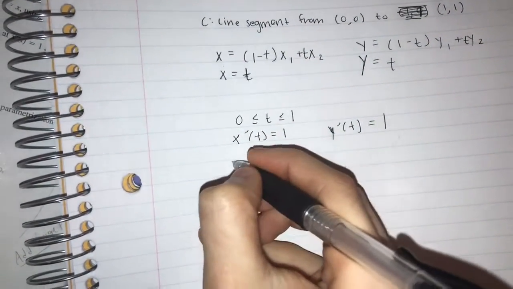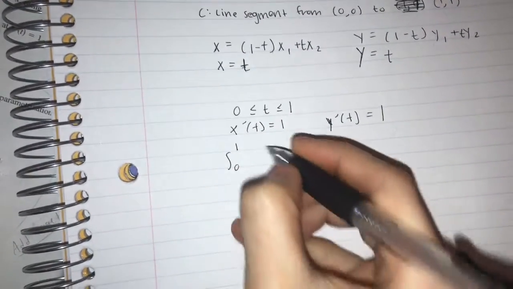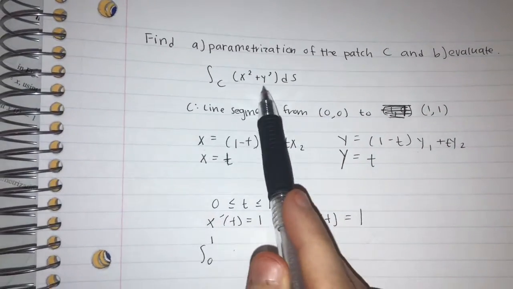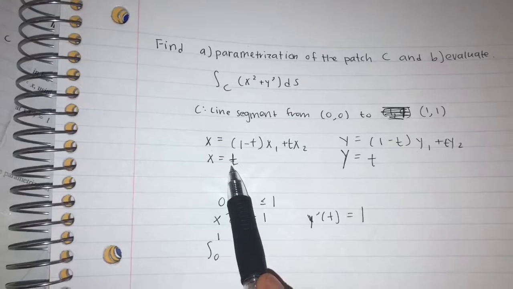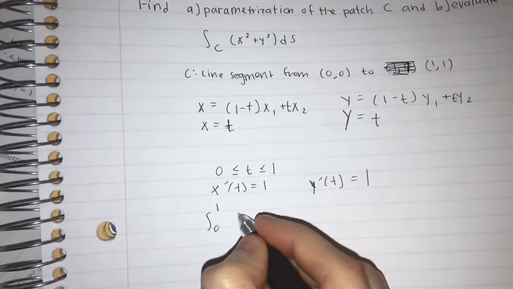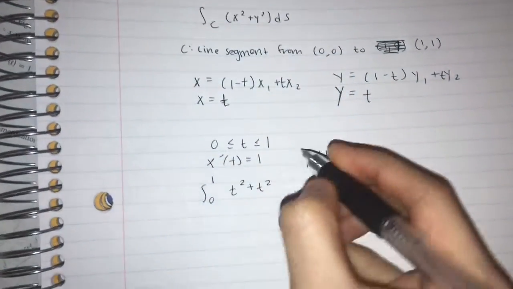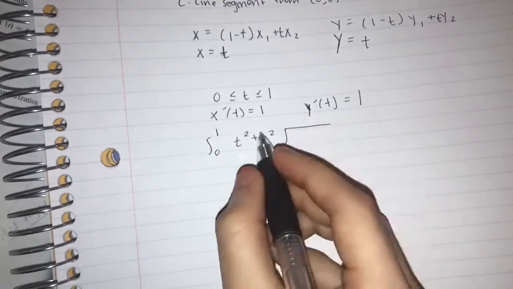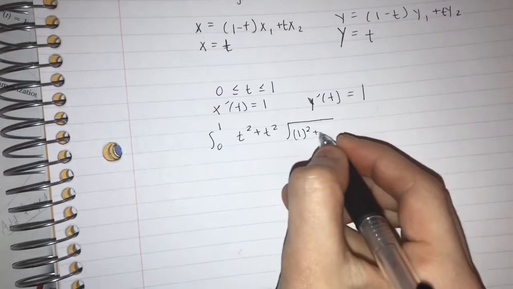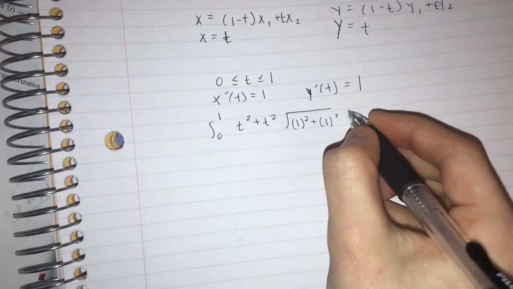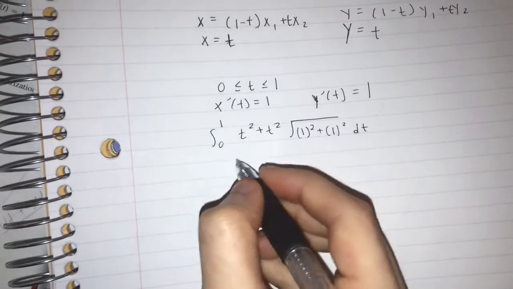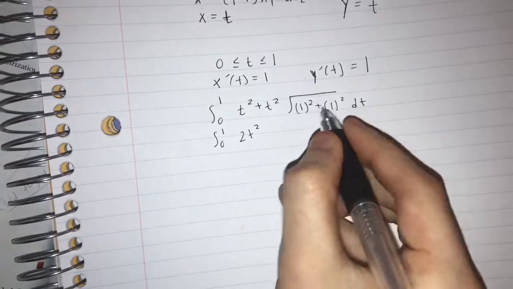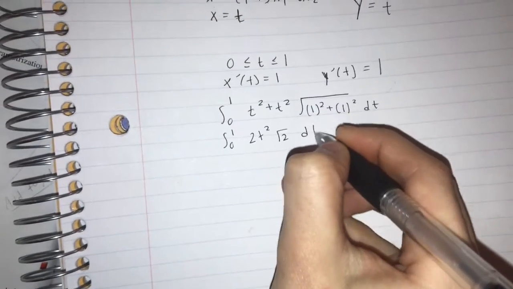Now to define the line integral, from 0 to 1, we have the original x squared plus y squared. x is t, y is t, so t squared plus t squared, times the square root of the derivatives squared and added up, 1 squared plus 1 squared, dt. So this would be 2t squared times root 2 dt.